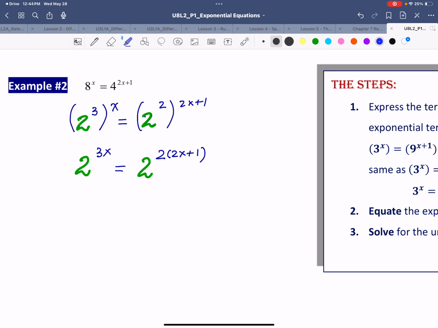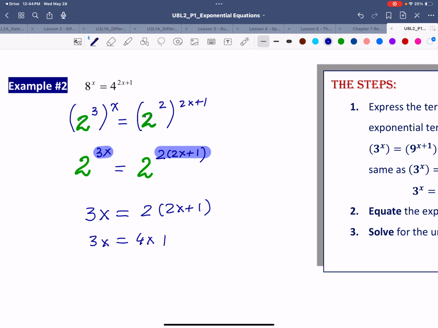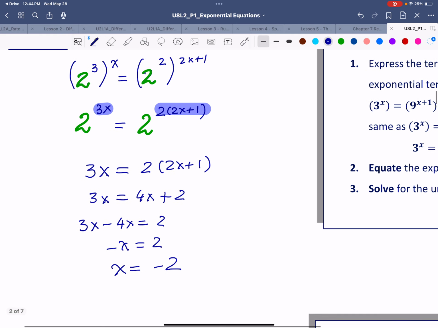The only difference is the exponents, which we need to equate in order to make these two exponential terms equal. So we have a simple linear equation: 3x equals 4x plus 2, so 3x minus 4x is equal to 2, so negative x is 2, which makes x equal to negative 2.